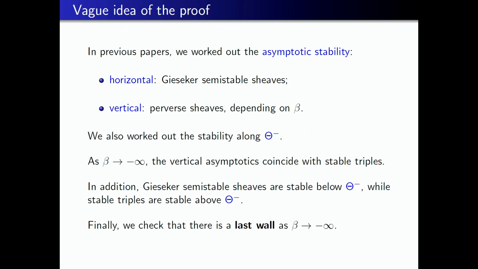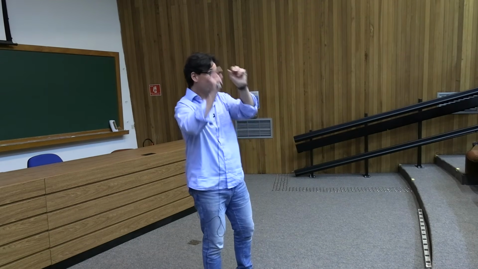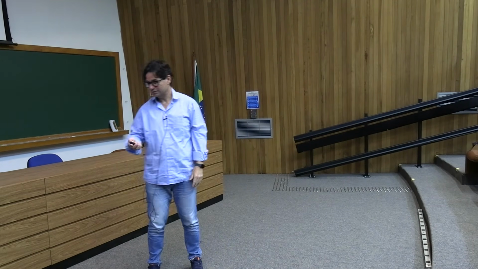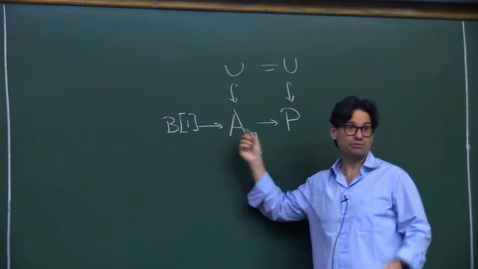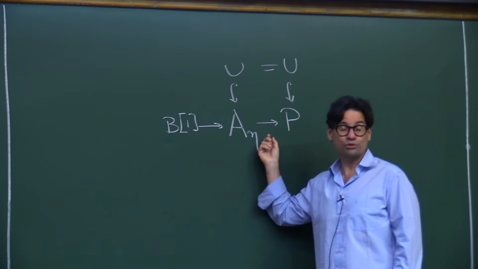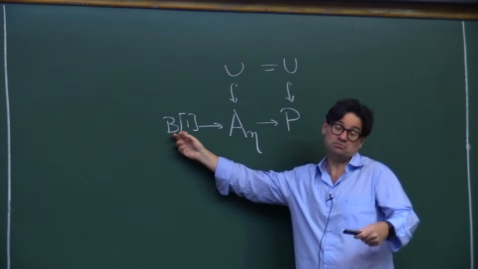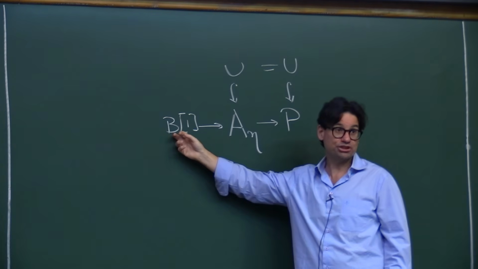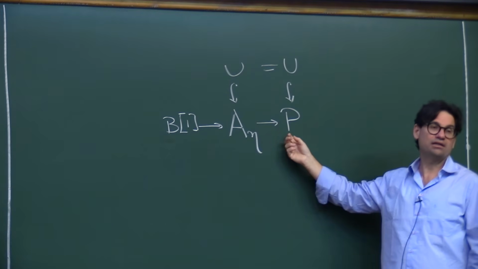Okay, yeah. Well, you can characterize, right? So if they are semi-stable along some small beta, then it looks a bit like this, right? They are going to be objects with only two non-trivial cohomologies. One is, in principle, a Gieseker semi-stable torsion-free sheaf, and the other will be a one-dimensional sheaf, right?